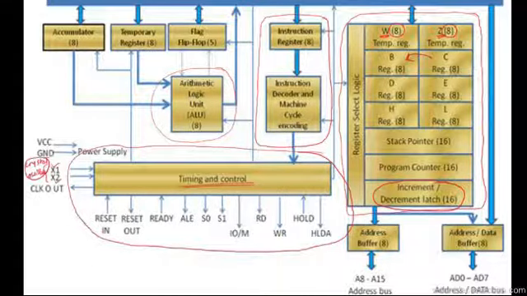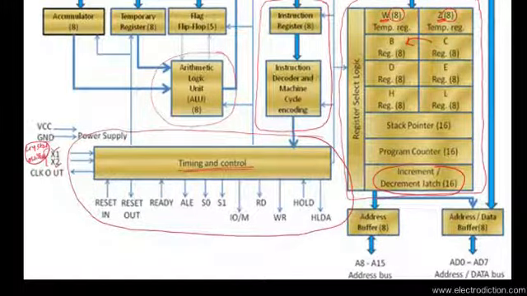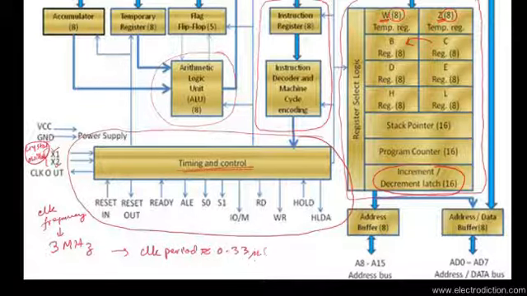As we've seen in the previous tutorial, the clock pulse that its internal circuit generates is about 3 megahertz. This 3 megahertz is the clock frequency of the 8085 internal clocking circuit, and it leads to a clock period of approximately 0.33 microseconds.